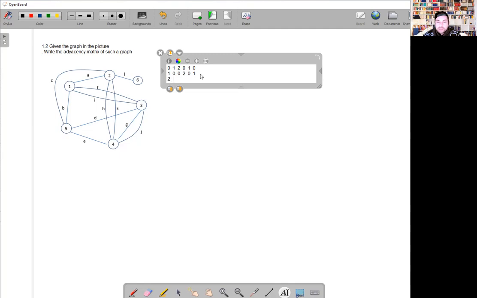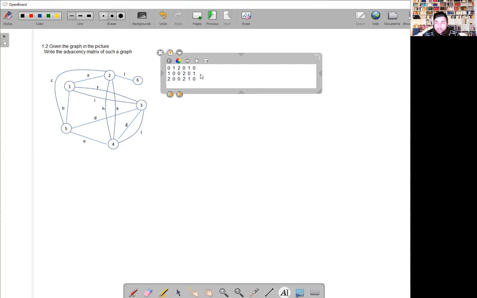The number of links from 3 to 2, which is 0. Number of links from 3 to 3, which is 0. Number of links from 3 to 4, which is 2. Number of links from 3 to 5, which is 1, and number of links from 3 to 6, which is 0.